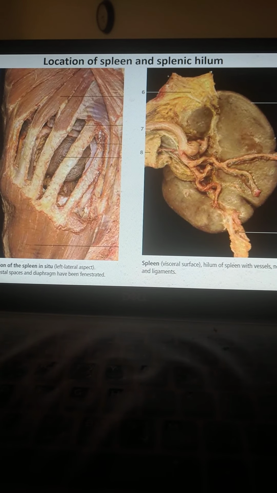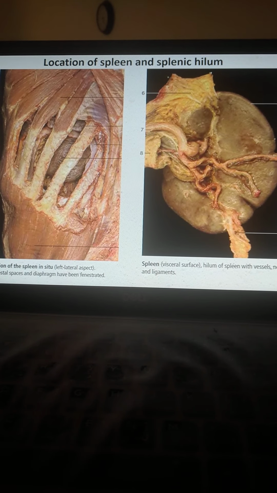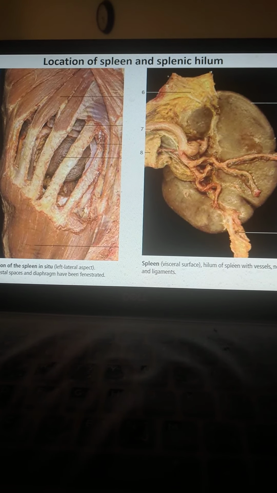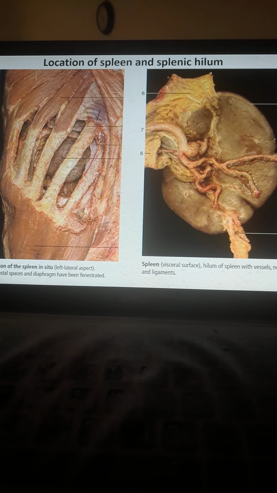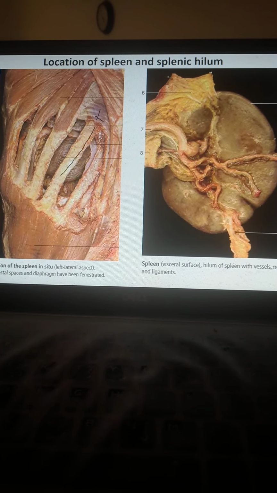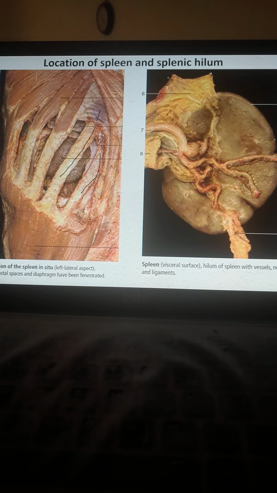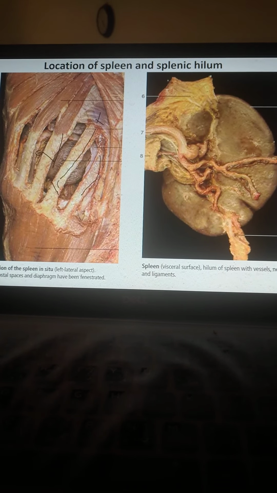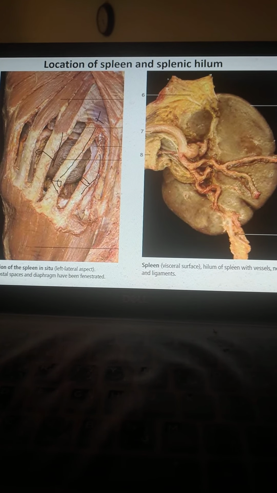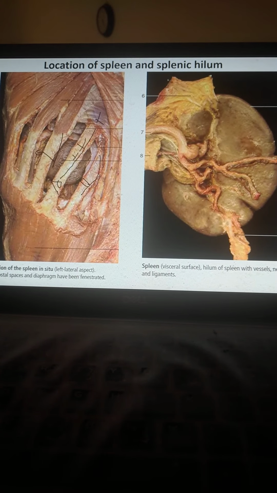If you look here, the spleen is related laterally, as mentioned, to the diaphragm. Here's the diaphragm here, okay? And also related to the ribs. Here are the ribs 9, 10, 11, where the long axis of the spleen is related to rib number 10.